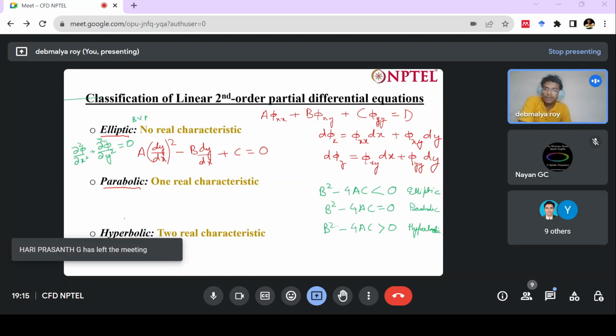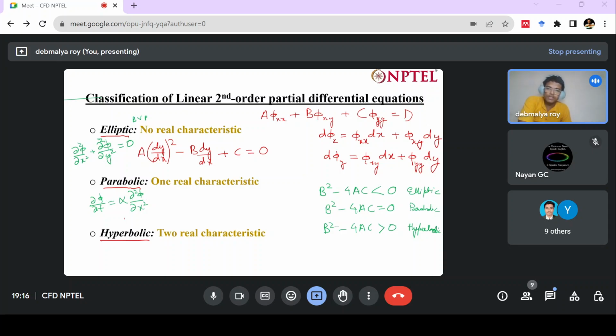Before that, there is the parabolic equation. Parabolic equations are generally the time derivative equations. These fall in this category. For example, the conduction equation is a classic example of a parabolic equation, and this is an initial value problem. You specify a particular time value and an initial condition.